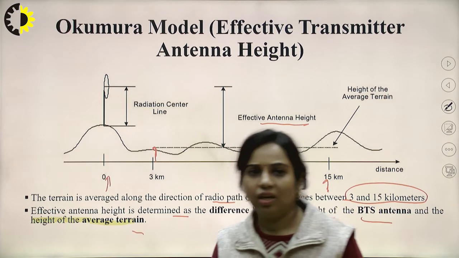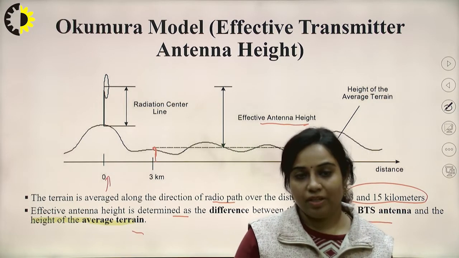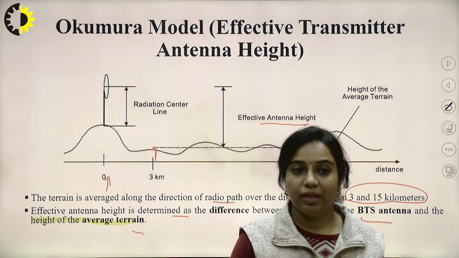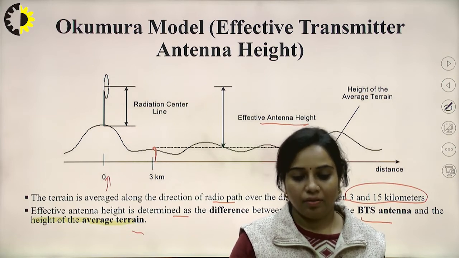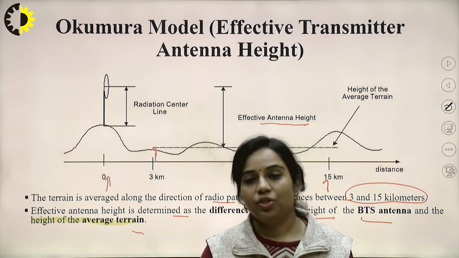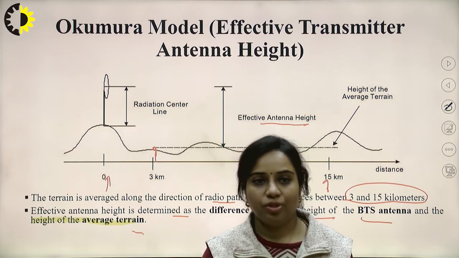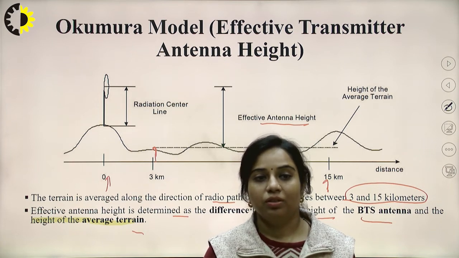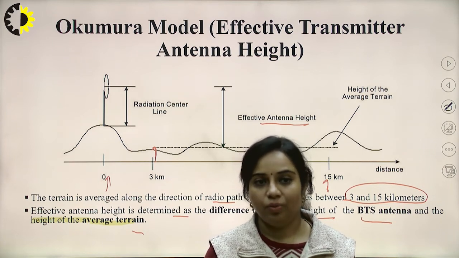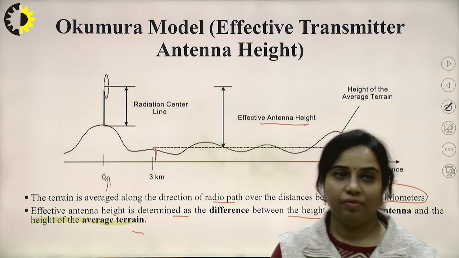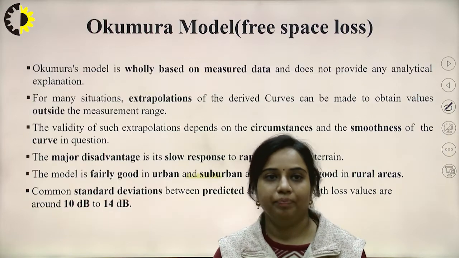So basically, if no line of sight exists between the transmitter and receiver, then buildings will be there, or different intermediate obstacles, a tree can exist, a lamp post can exist. That will be counted under the average terrain height. So that should also be kept in mind when we are designing with the Okumura model.